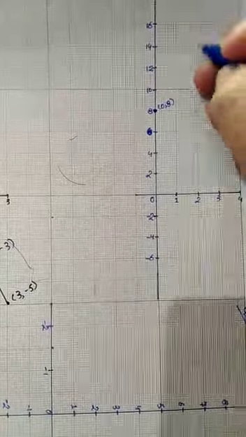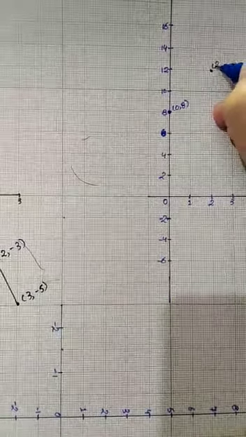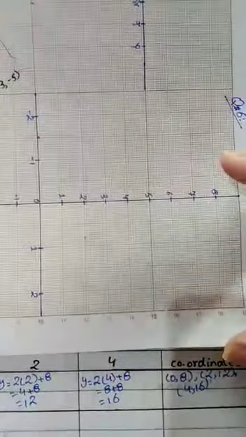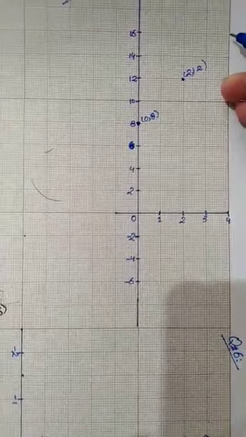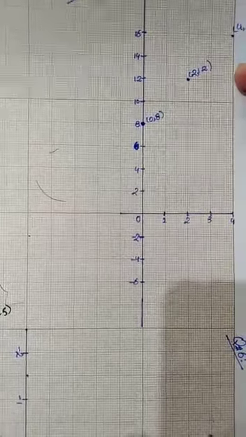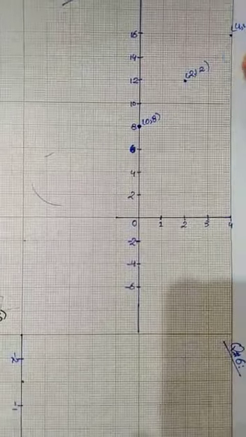Okay, and the second point is (2, 12). x is 2 and y is 12. So it's here, (2, 12). And the last one is (4, 16). x is 4 and y is 16. So it's here, (4, 16). Now what you have to do, you will draw a straight line by joining these 3 points.